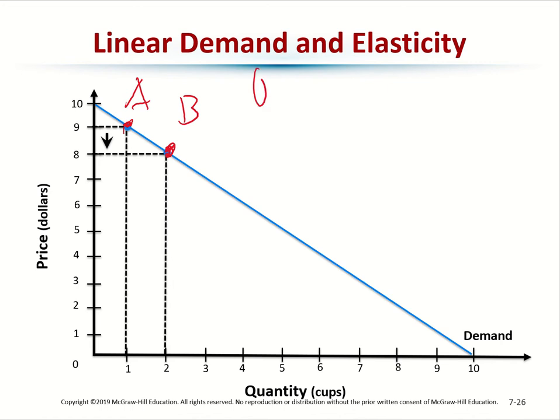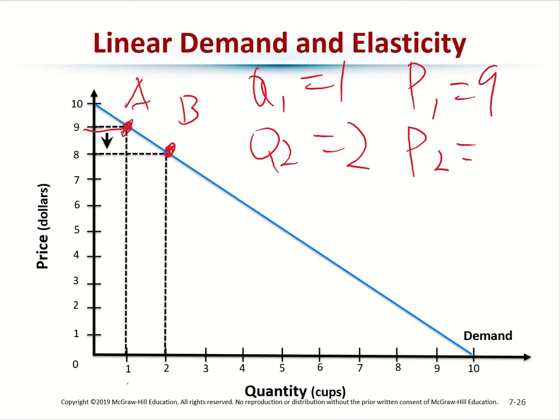So our Q1 at point A will be 1. Q2 will be 2. P1 at point A is 9, and then P2 at point B is 8. Okay, now guys, let me show you a trick.